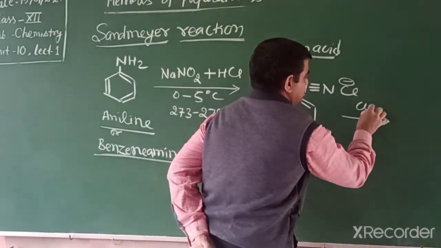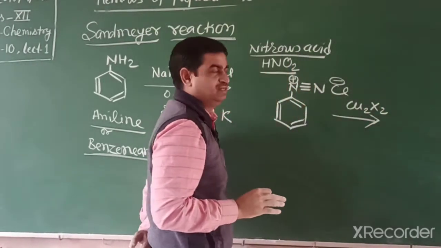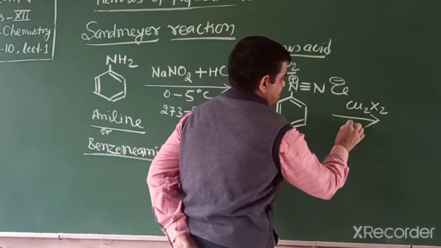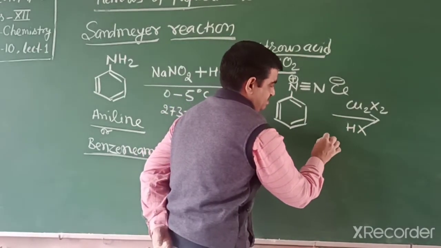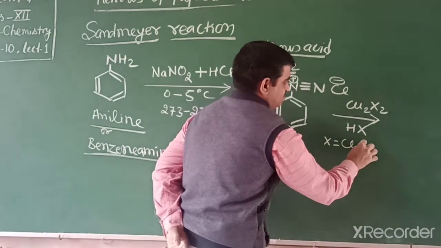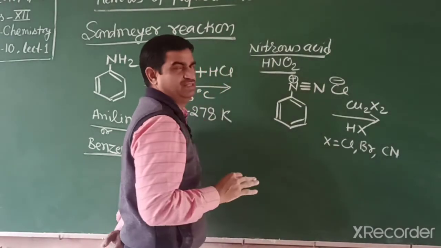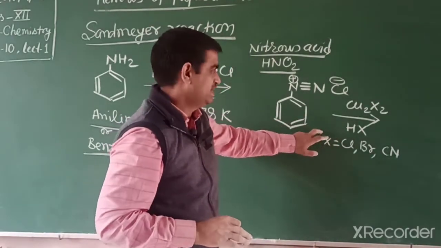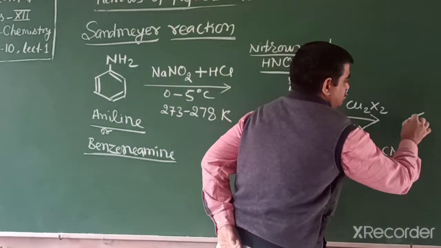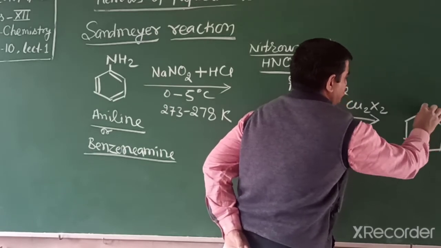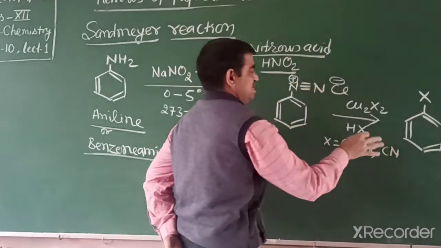Cuprous means Cu2X2, because it is found in dimeric form, cuprous halide and hydrogen halide, in presence of hydrogen halide. What is halide here? It is either chloride or bromide or cyanide also. When it reacts with cuprous halide and hydrogen halide, the diazonium salt directly gives halobenzene, means chlorobenzene, bromobenzene, cyanobenzene. This X is either chloride, bromide or cyanide.